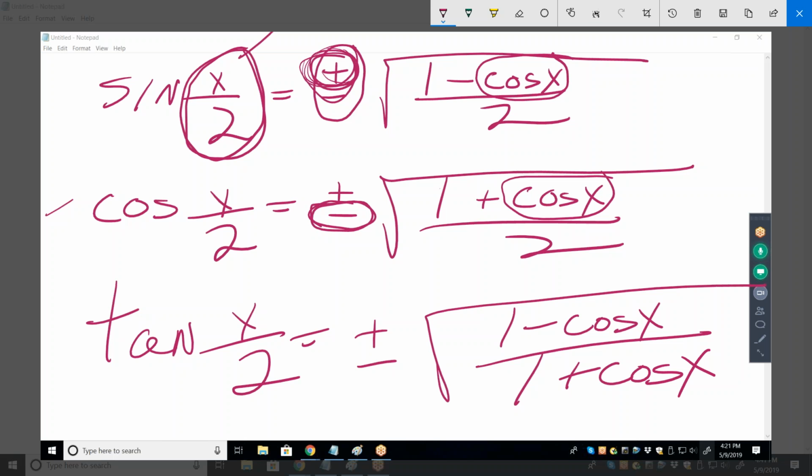So you really just have to remember the numerator of the sine half angle and the denominator of the cosine half angle to get what the tangent half angle is. Okay? So that's like 3 more.